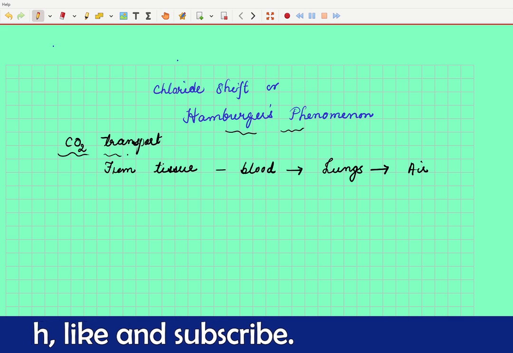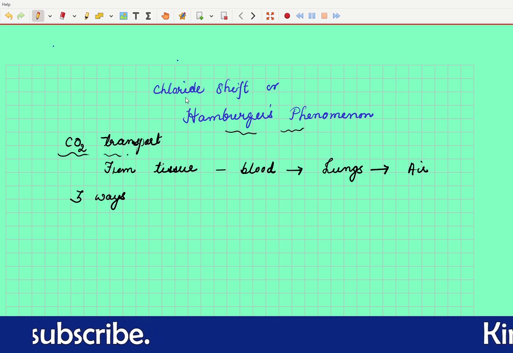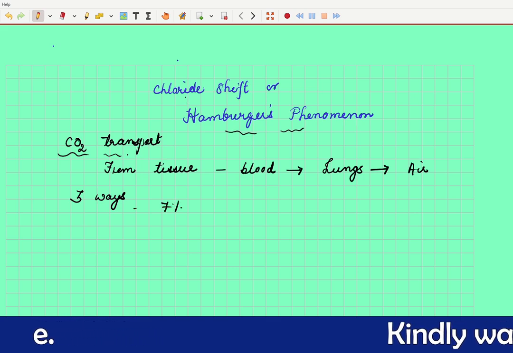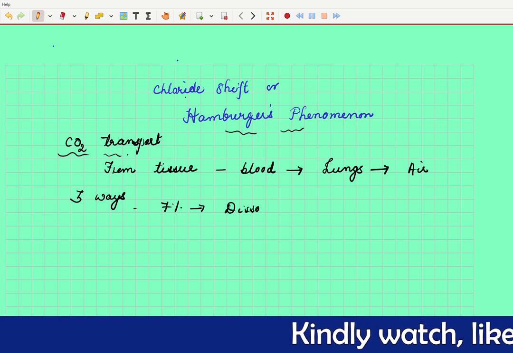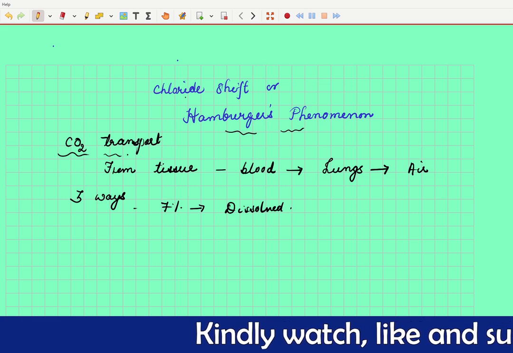There are three ways in which the carbon dioxide is transported. What are the three ways? 7% of the carbon dioxide is transported in the dissolved form. That means it is dissolved in the plasma and transported that way.